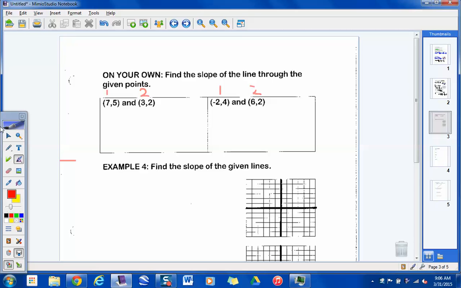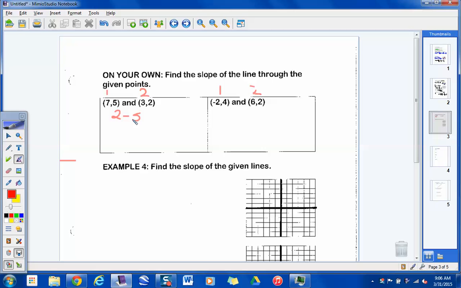Okay, how about volunteer to go up and do my first one? Go, Mason. Okay, Mason, talk me through this. So I put 2 minus 5 because that's y2 minus y1, I agree.